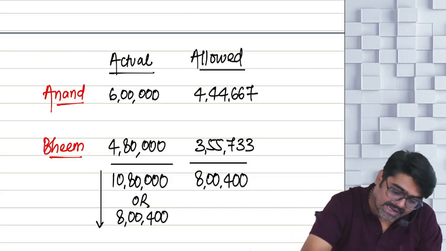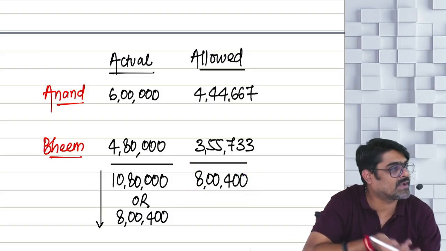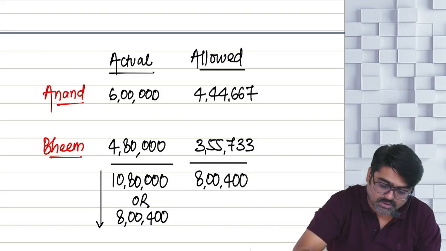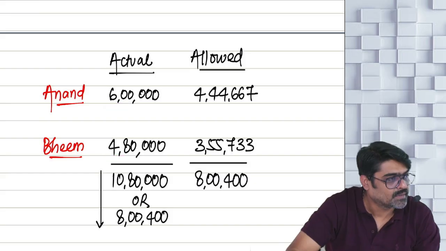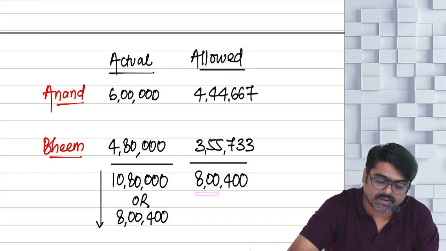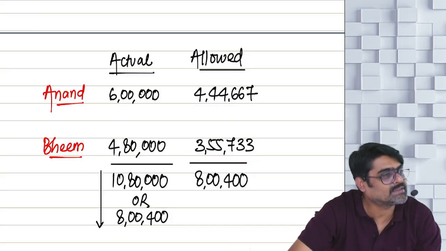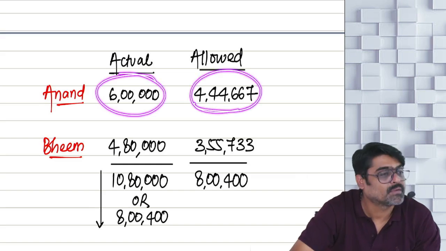So I have divided this remuneration also in that same ratio in which the actual remuneration was given. So the actual remuneration was given in what ratio? 60:48. So this remuneration will also be divided in the ratio of 60:48. Understood? So tell me, out of 6 lakh, how much was allowed?